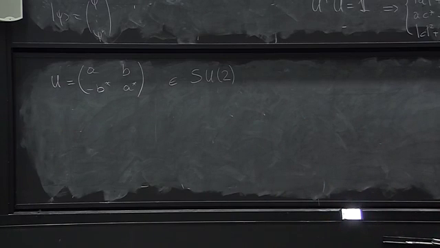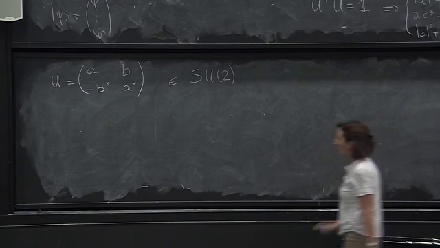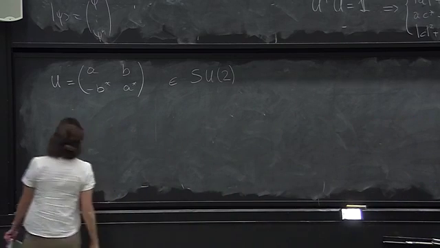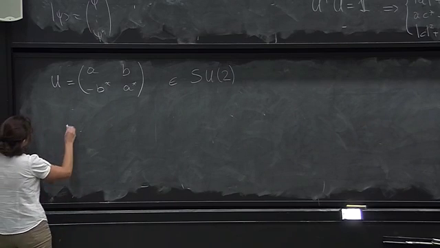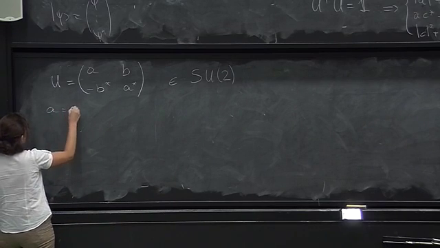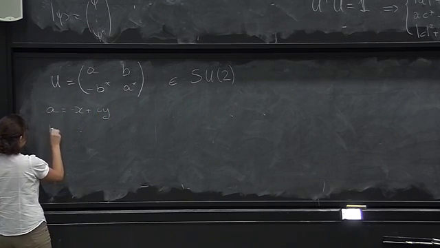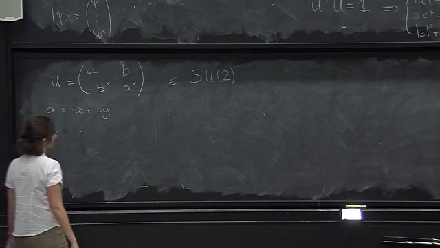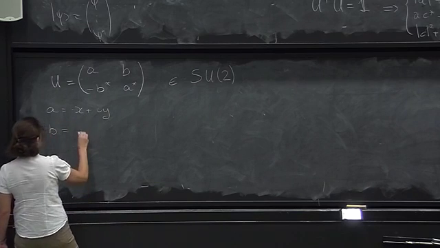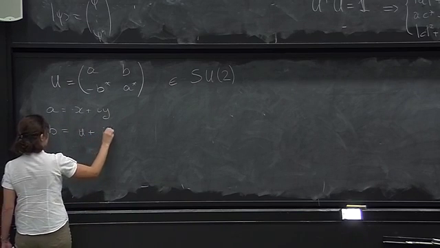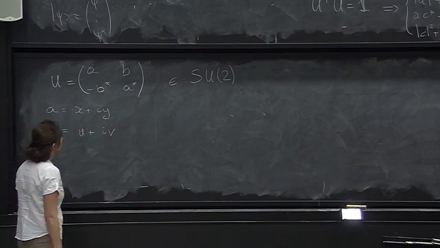Now, A and B are complex numbers, so let me write A equals x plus iy and B equals u plus iv.